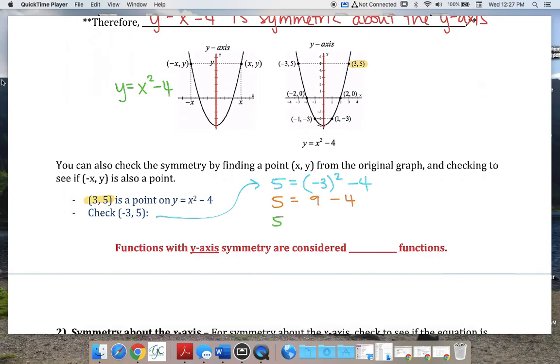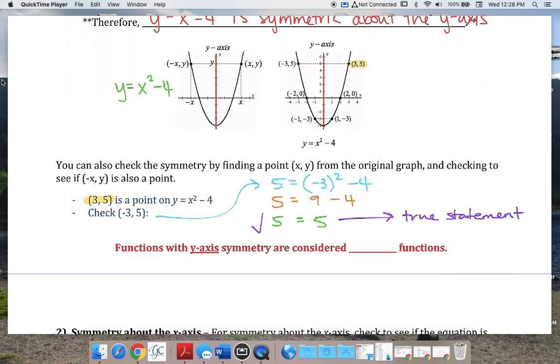And then 9 minus 4 is 5, so we're left with the equation 5 equals 5, which is a true statement. So since we were left with a true statement, that means this graph is symmetric about the y-axis.